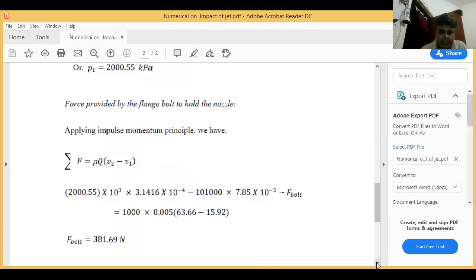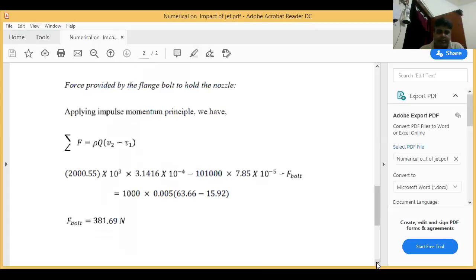Calculating the equation, the force of the bolt is equal to 381.69 newtons. That's okay. Thank you.